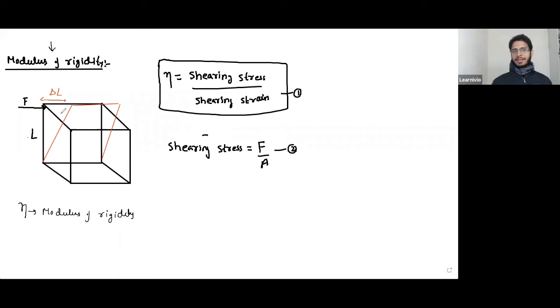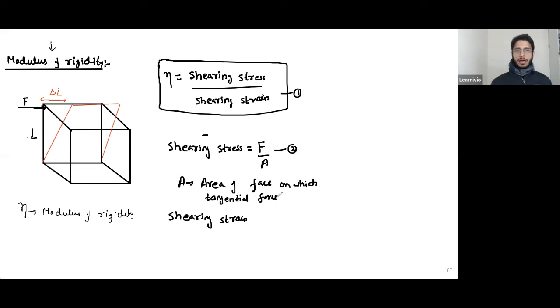F is force which is acting tangentially over the face, and A is the area of the face on which you are applying force. So that's shearing stress.